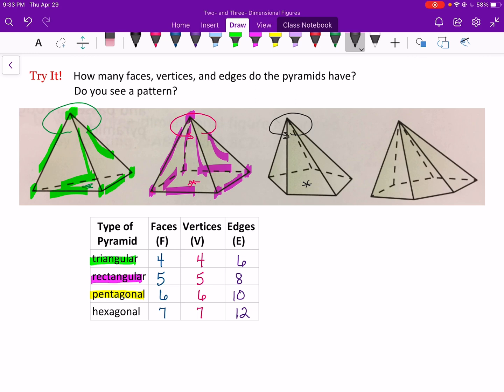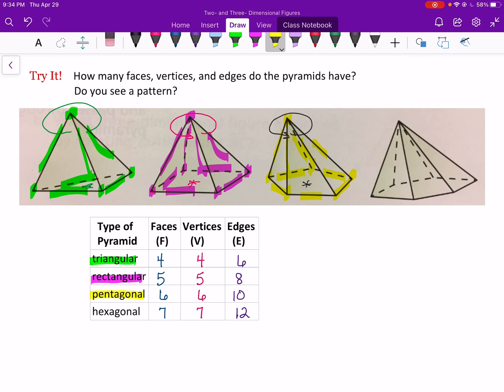They do go together. Vertices. Let's count those vertices. I have 1, 2, 3, 4, 5 around the base, and 1 at the top makes 6. And then edges. 5 edges around the sides that meet at the peak, and 5 edges around the base. 5 plus 5 is 10.